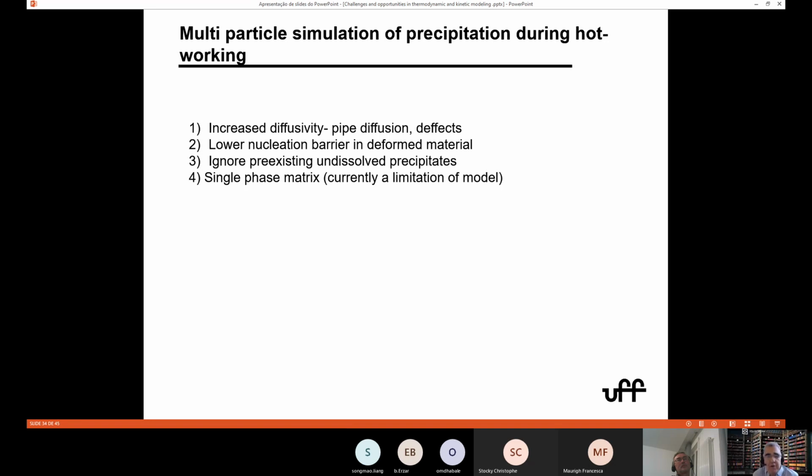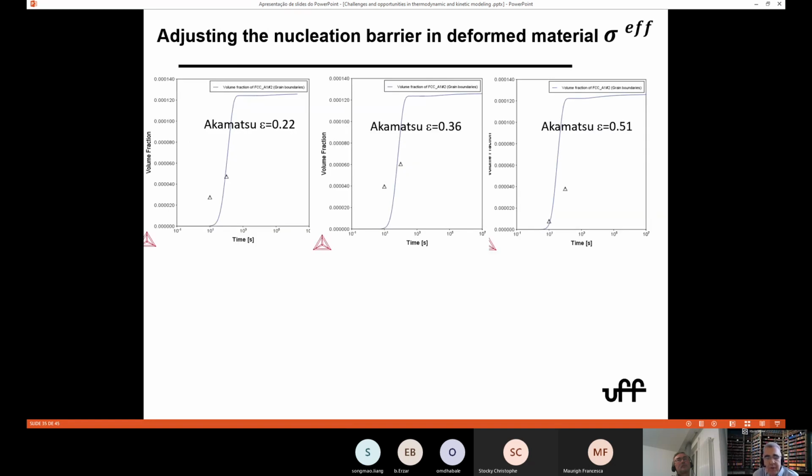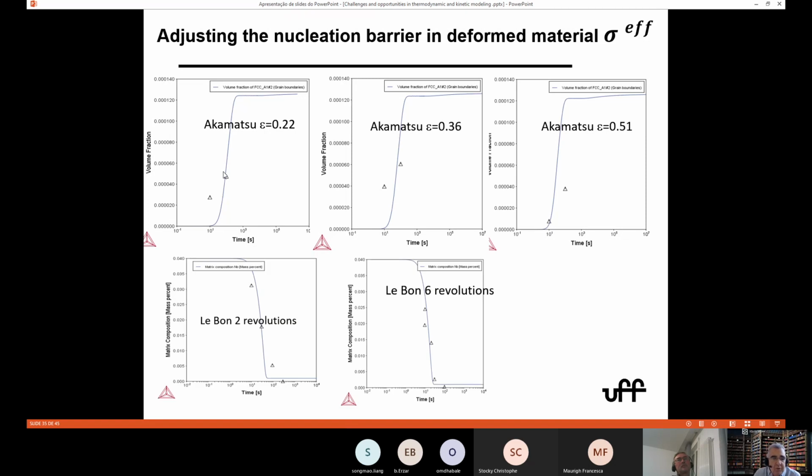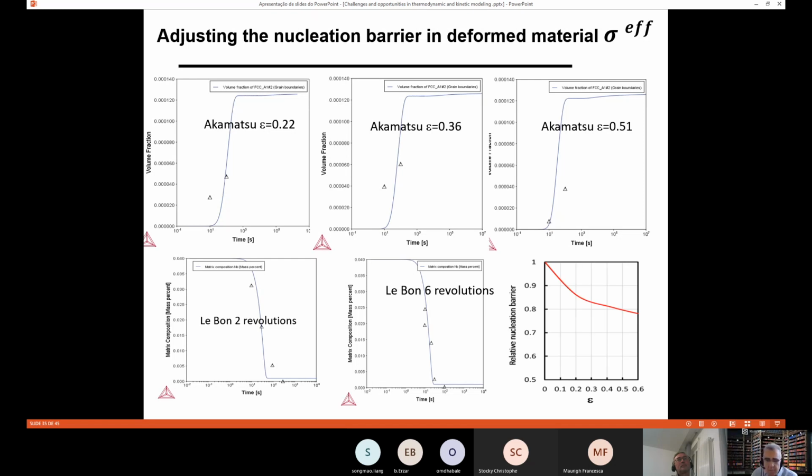But then the first effort we did was we got some literature about precipitation in deformed microalloyed steels. So we got Akamatsu from Nippon Steel, which is very good. We got Le Bon too. And we said, okay, let's see if we can fit the different values of interfacial energy. And we got a curve that gives you a relative nucleation barrier.